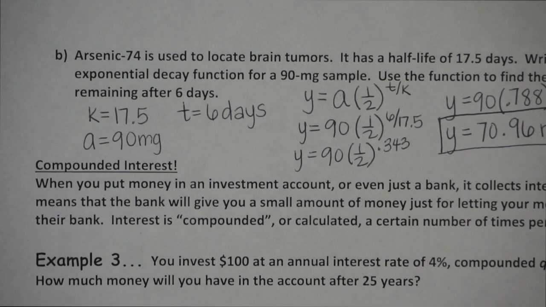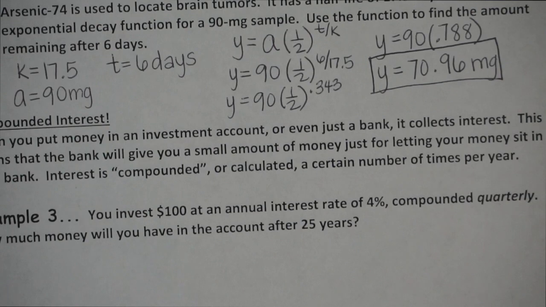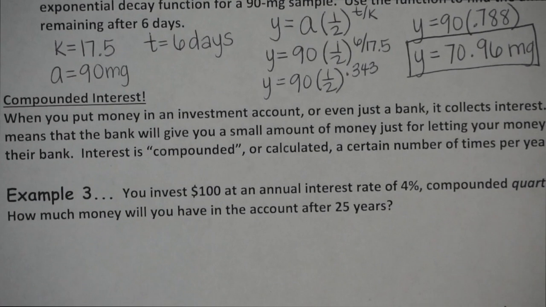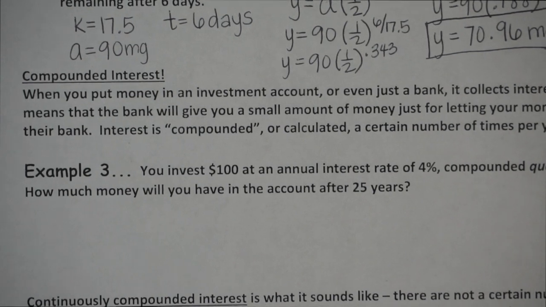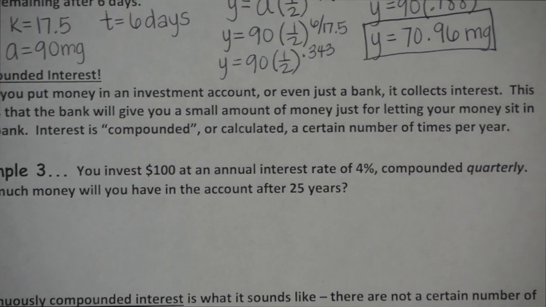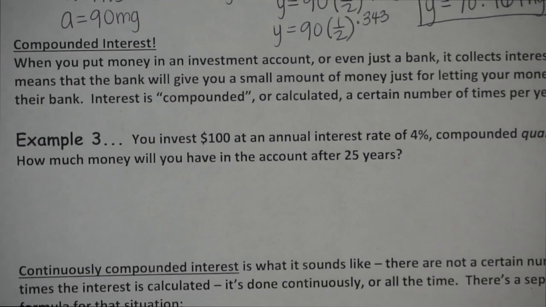Now, another real life example is compounded interest. When you put money in an investment account or even just a bank, it collects interest. This means that the bank will give you a small amount of money just for letting your money sit in their bank. Interest is compounded, or calculated, a certain number of times per year.